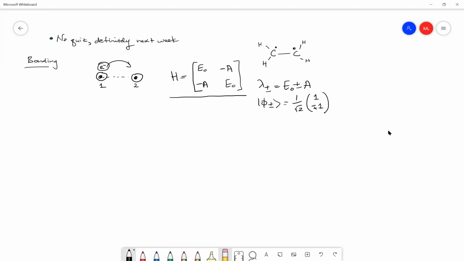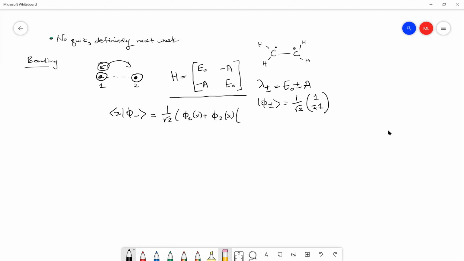If you were to write it out as a wave function, we could write x, phi minus, that would be the ground state. It would be 1 over square root of 2 times the wave function associated with carbon 1 plus the one associated with carbon 2.